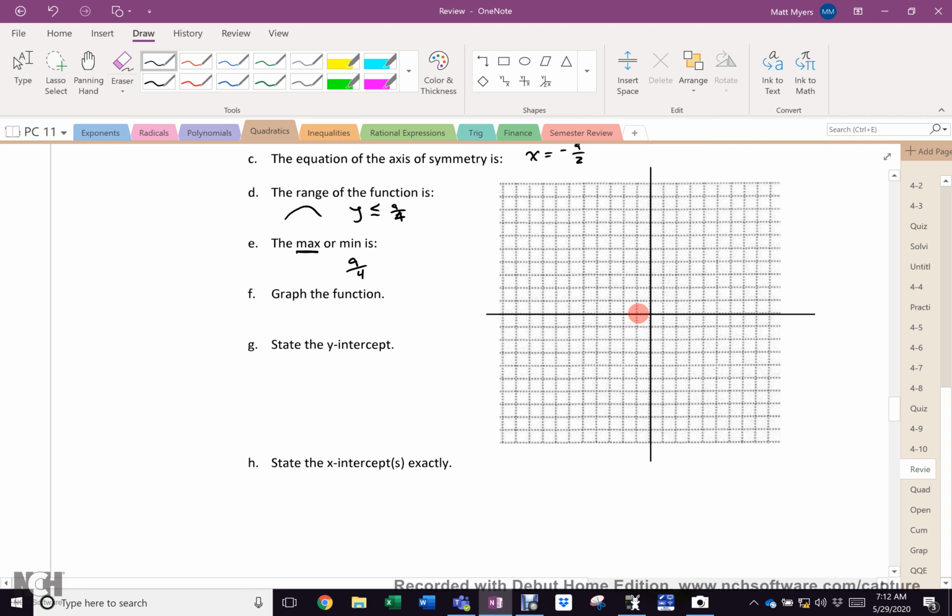If each of these is a half on the x-axis, that's 1, 2, 3, 4, 5, 6, 7, 8, 9, right there. And I'm going to actually move my axis way over here.